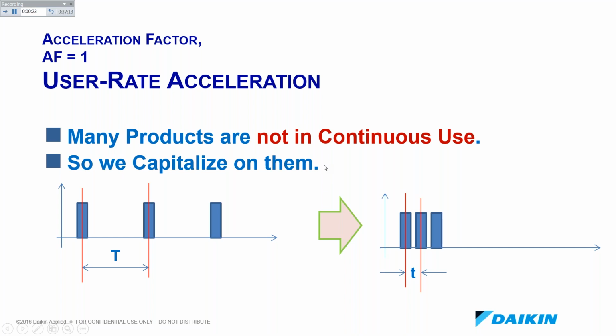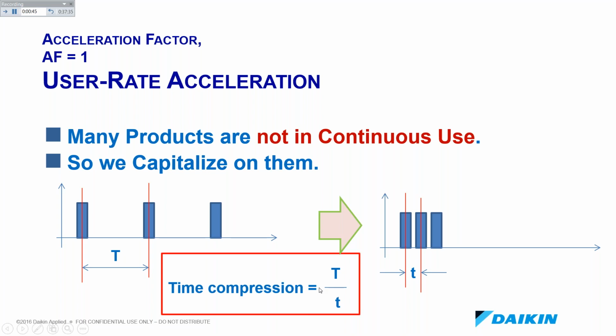So that's a lot of waiting time. Look at the door of your refrigerator, how many times it would open. So we can capitalize on this. So this is the time in real life, and it's the compressed time. So your acceleration factor is the big T divided by the small t.